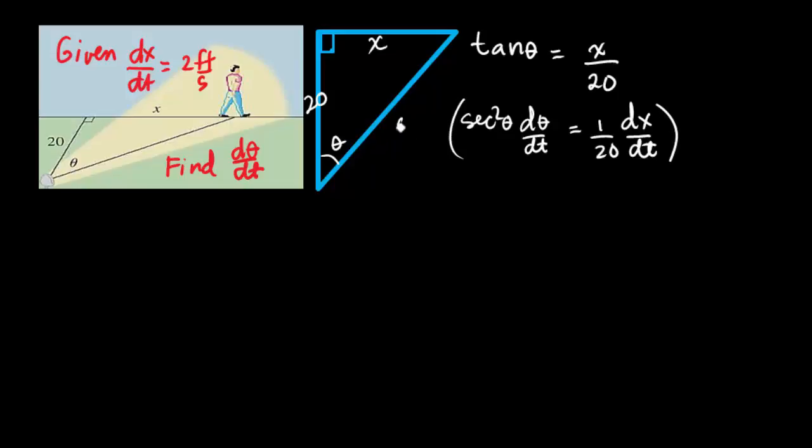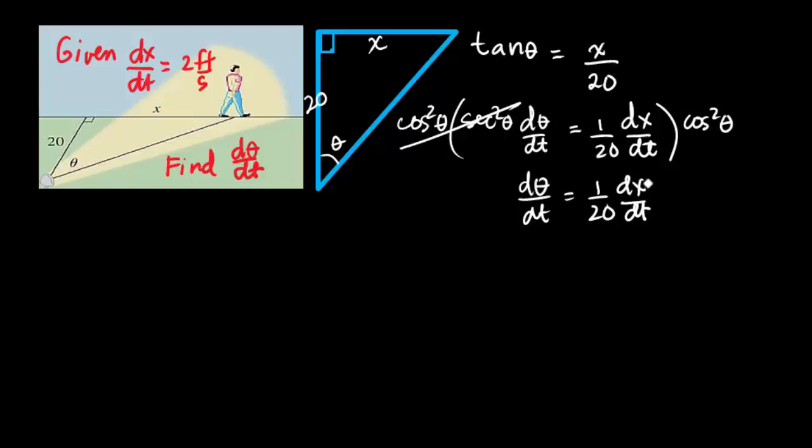If we multiply by the reciprocal, cosine squared θ, because cosine and secant are inverses of each other, so that cancels both. So now dθ/dt is equal to 1/20 dx/dt times cosine squared θ. We already know dx/dt; that's given right there.